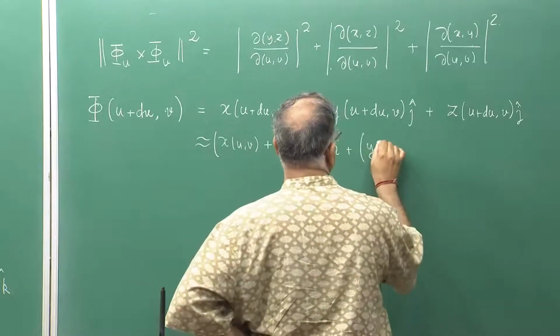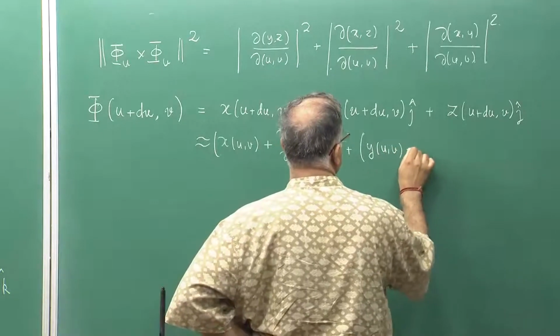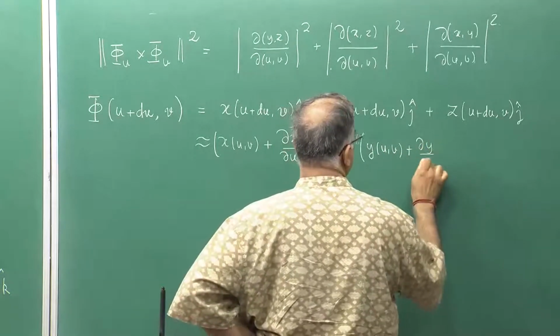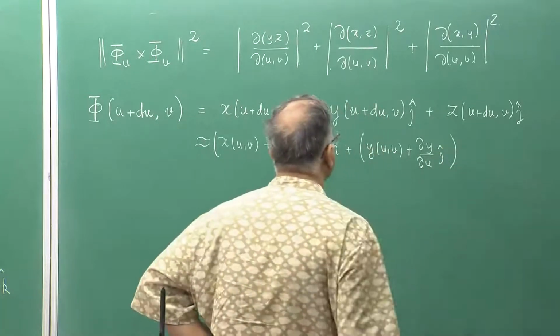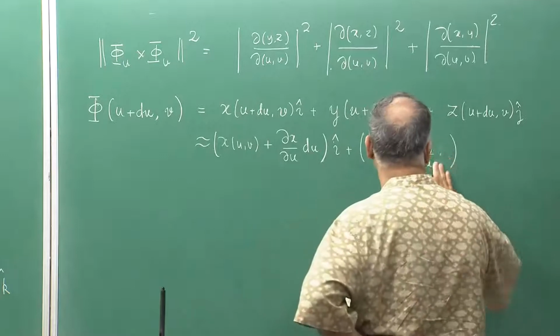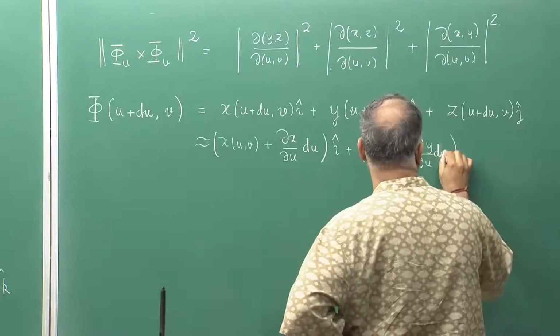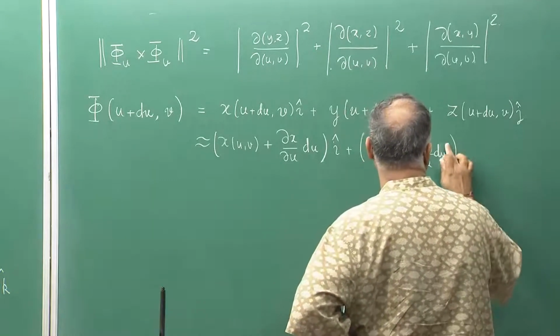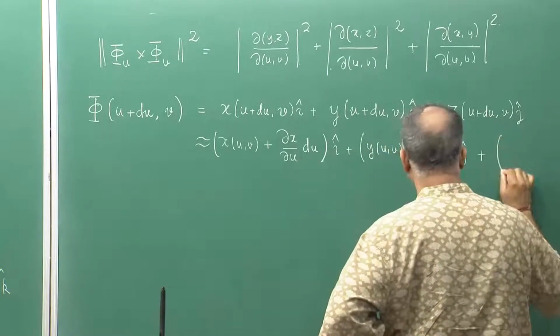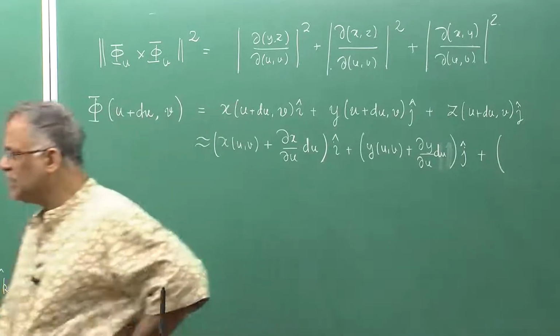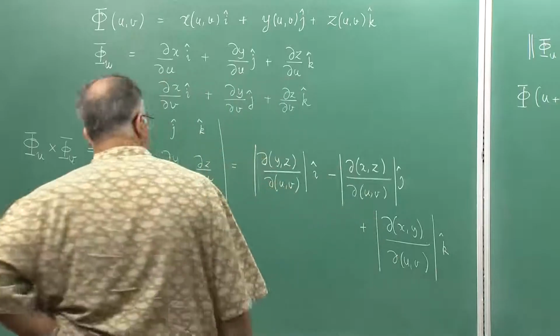And similarly y of u v plus del y del u j vector. I am just completely throwing away the error. That is why I am writing it as an approximation, and it is a good approximation when they are very small.